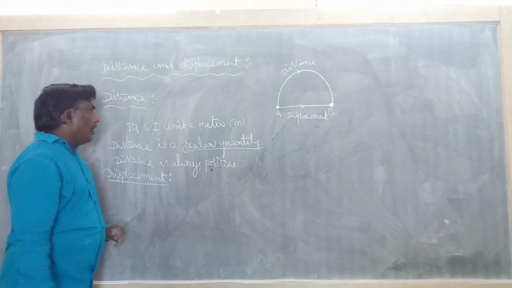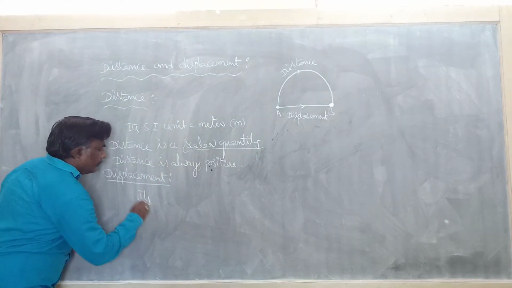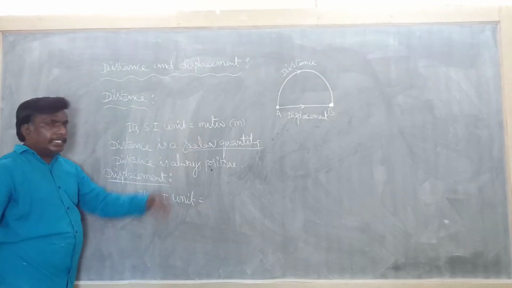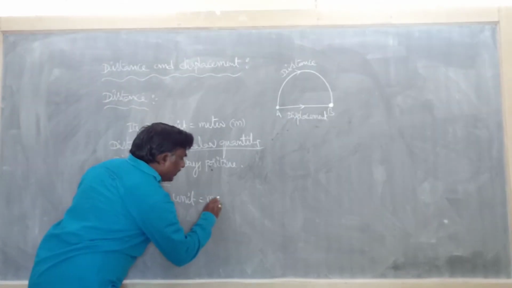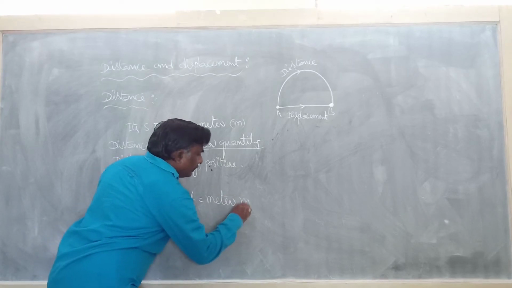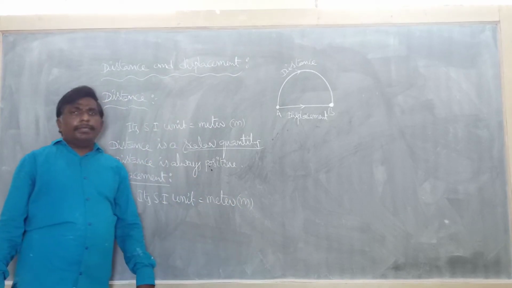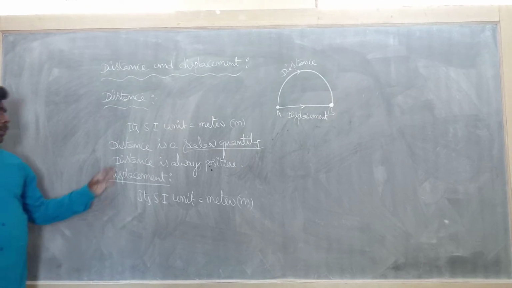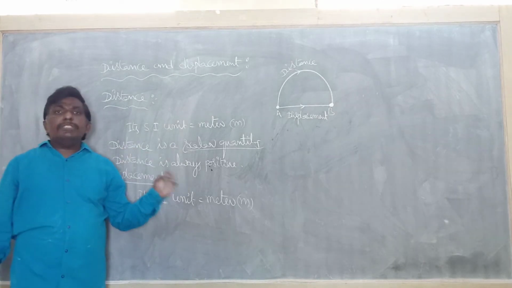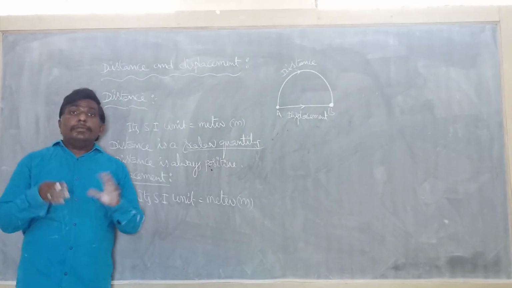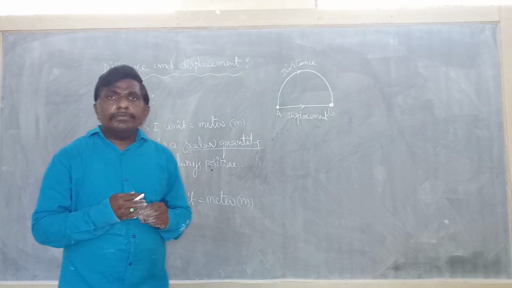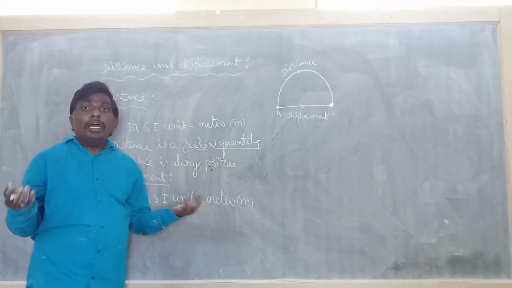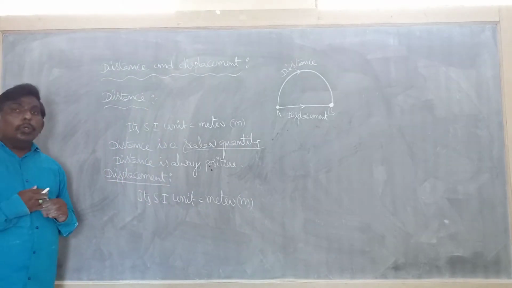Its SI unit is also meter, and the symbol is small letter m. Displacement may be positive or negative or zero.